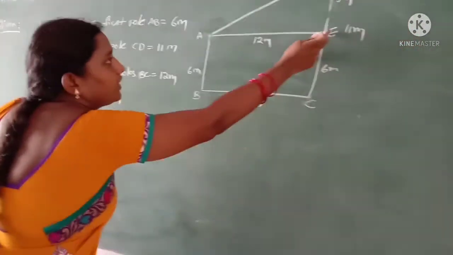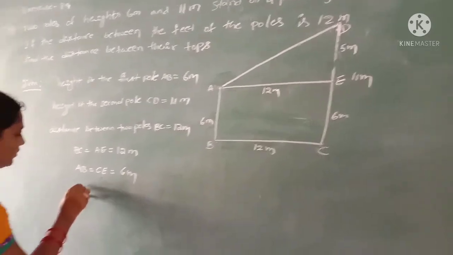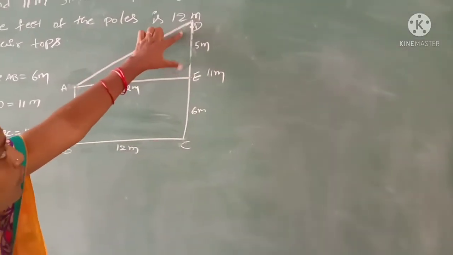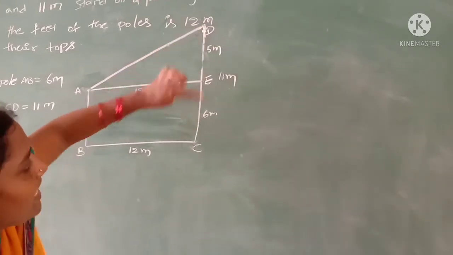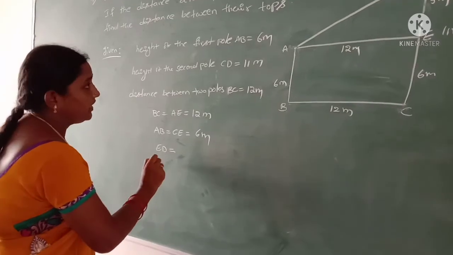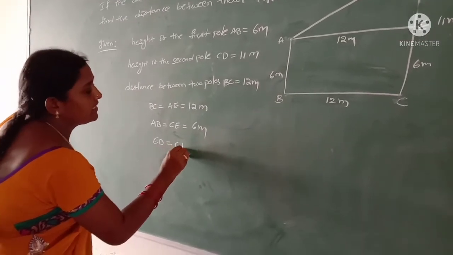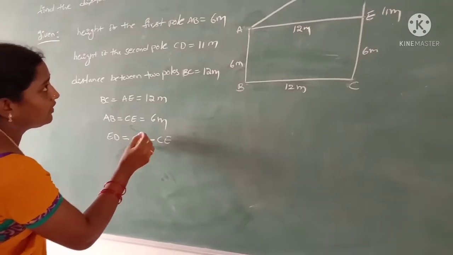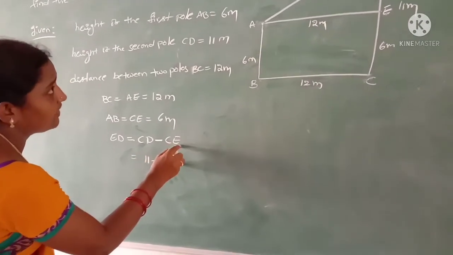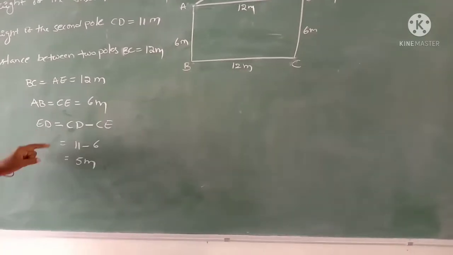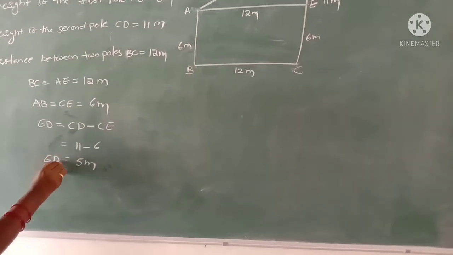Next, ED value. ED equal to CD minus CE, that equals CD value 11 meters minus CE value 6 meters, that equals 5 meters. ED value 5 meters.